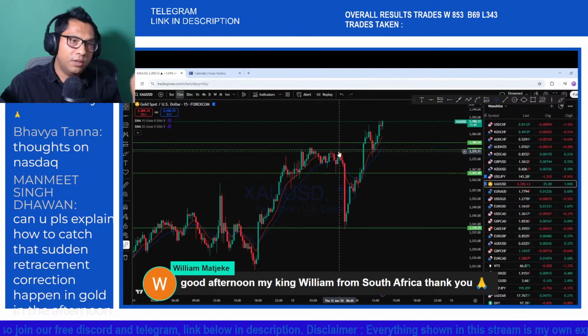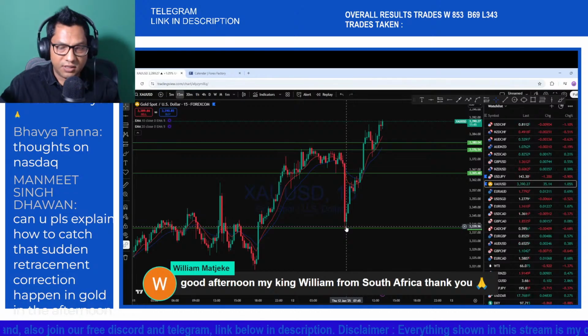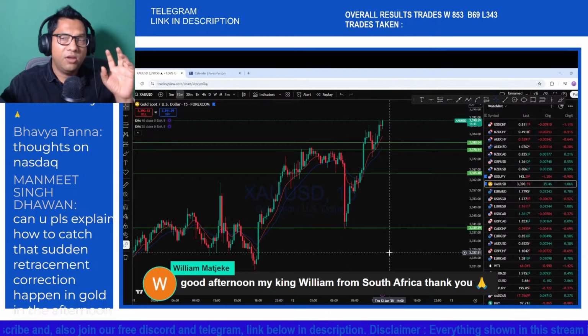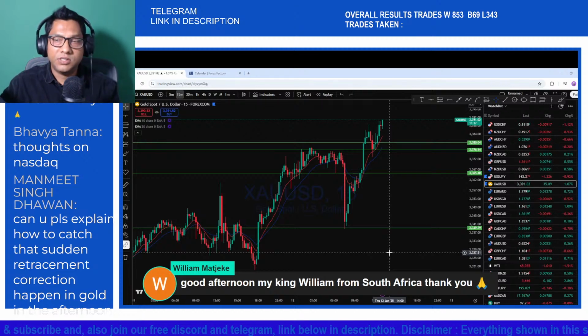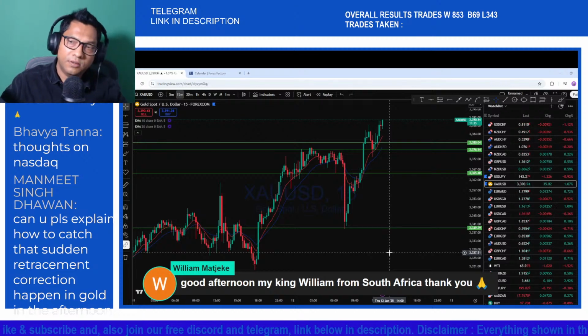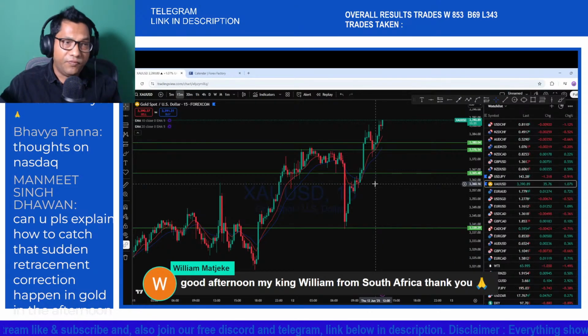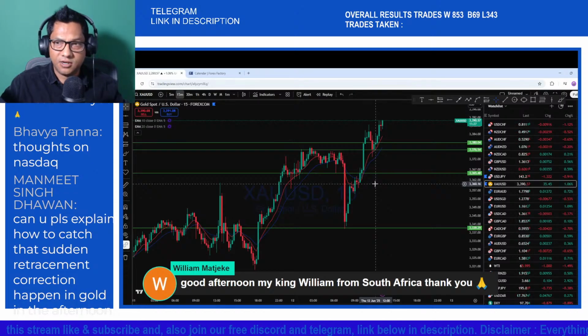When you identify that key level of support, you can tell the machine, you can tell the program to buy from the key level after certain conditions are fulfilled. What are those? You can tell the program, okay, if the market hits the key level with certain ATR, then buy.